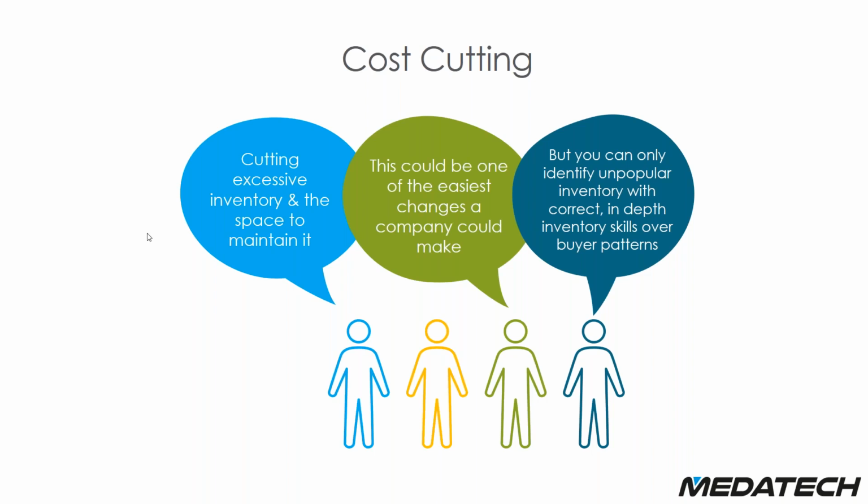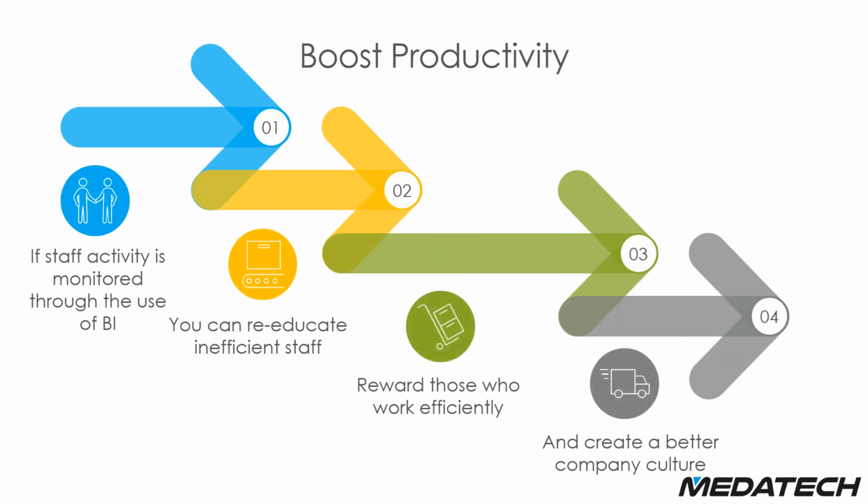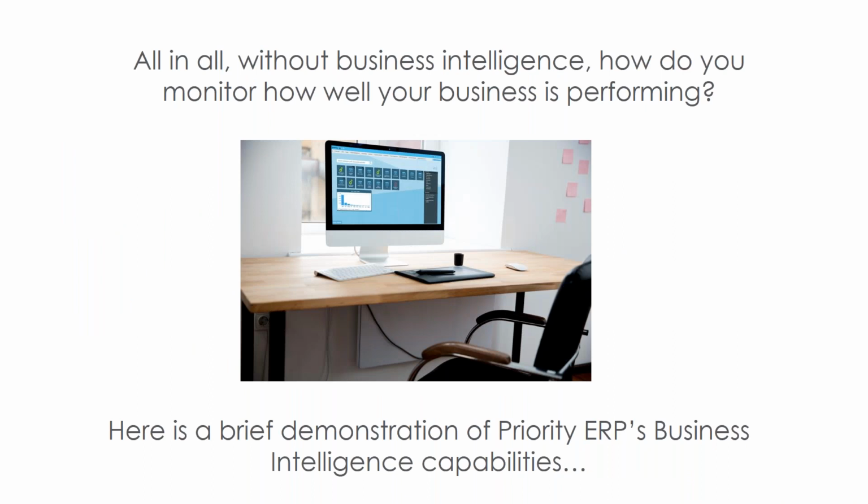Let's focus on the key products. Having this information to hand enables us to boost productivity. Staff are informed, they make correct decisions, and problem areas can easily be identified and resolved. In summary, without BI, how can we tell how well the business is functioning?